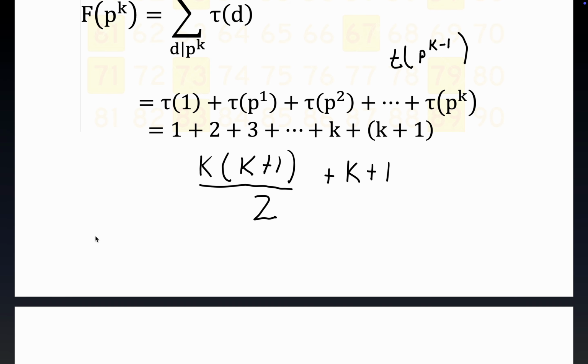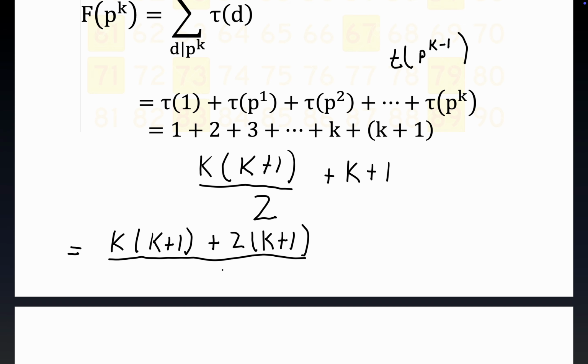So you could write this as k times k plus 1, plus 2 times the quantity k plus 1, all over 2. We have a common binomial factor, namely k plus 1. We can factor that out.